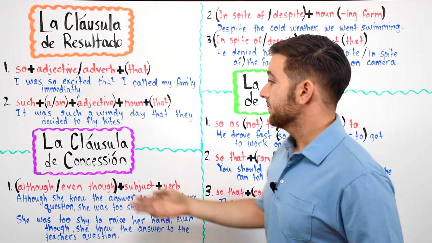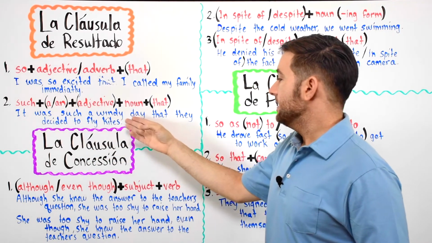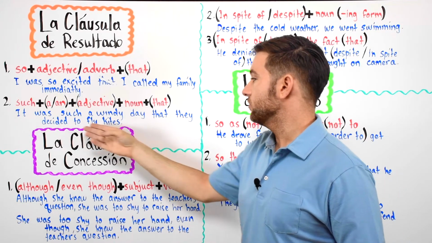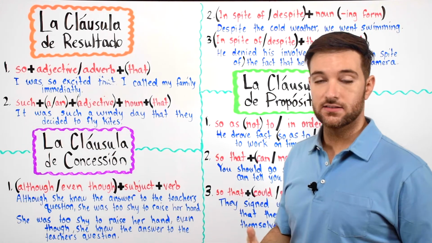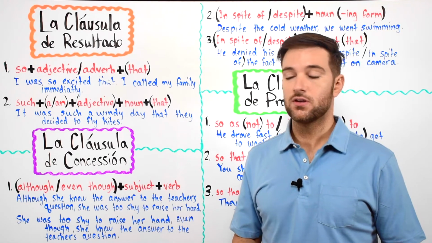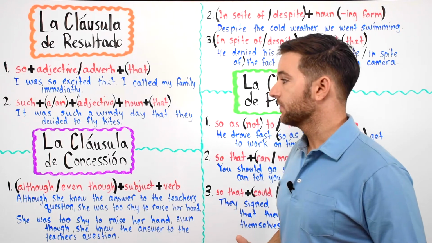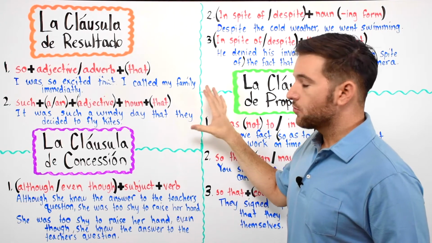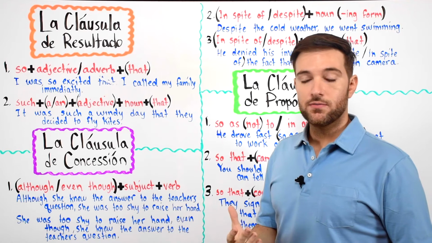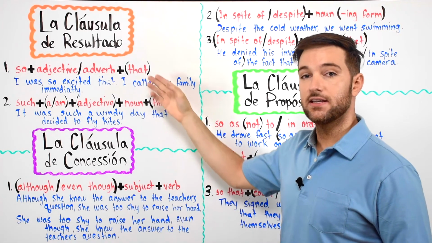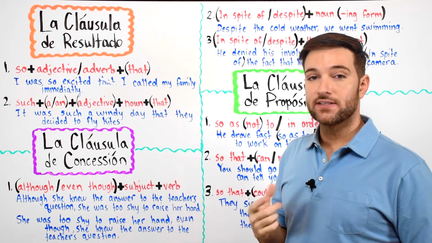O pueden decir, it was such a windy day, they decided to fly kites. Again, without that. Fue un día tan ventoso que ellos decidieron volar cometas. Recuerden que en inglés a menudo omitimos la palabra that. Like I said in English, mientras decimos nuestra cláusula.